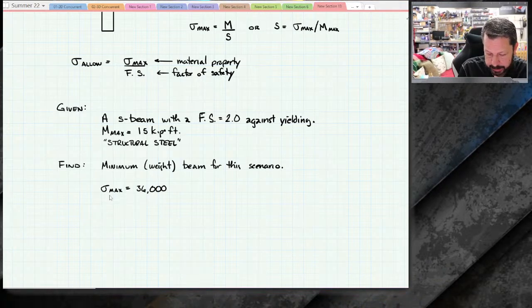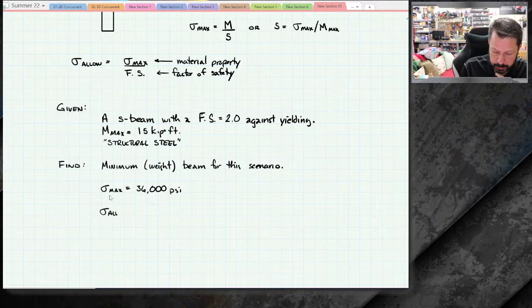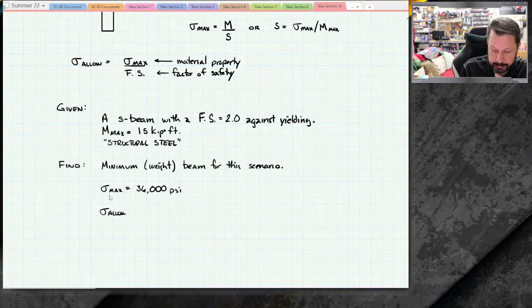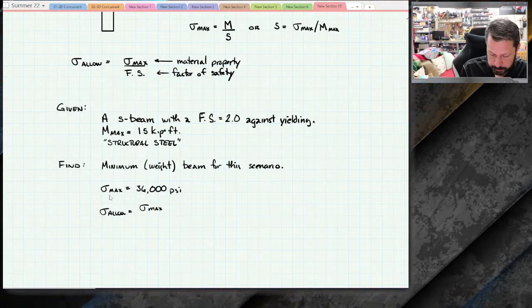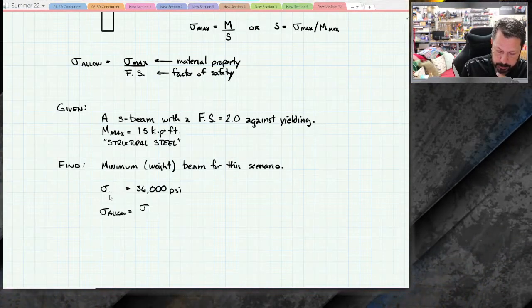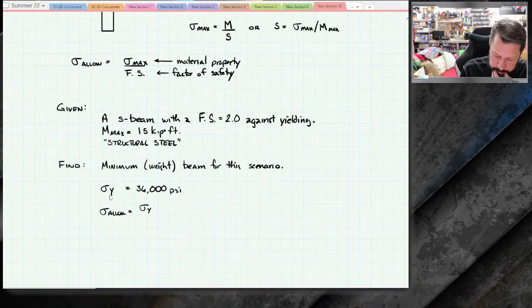And then our sigma allowable, we are only going to allow half of that. We have a factor of safety of 2. So sigma max, well, let's put sigma y in there for yield strength so that we don't get it confused with the ultimate strength.